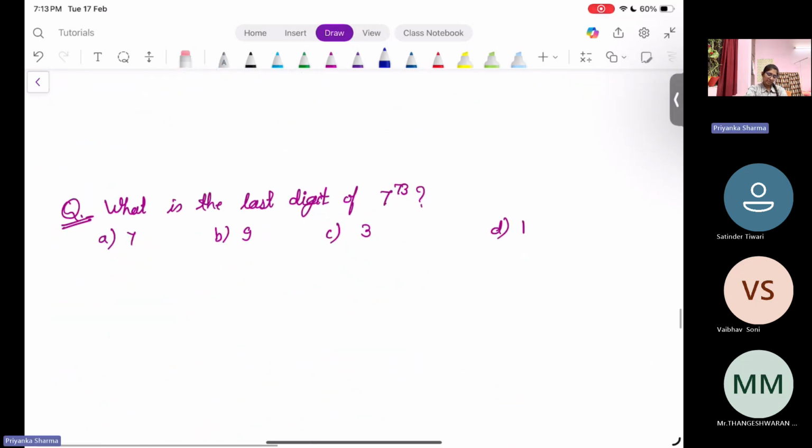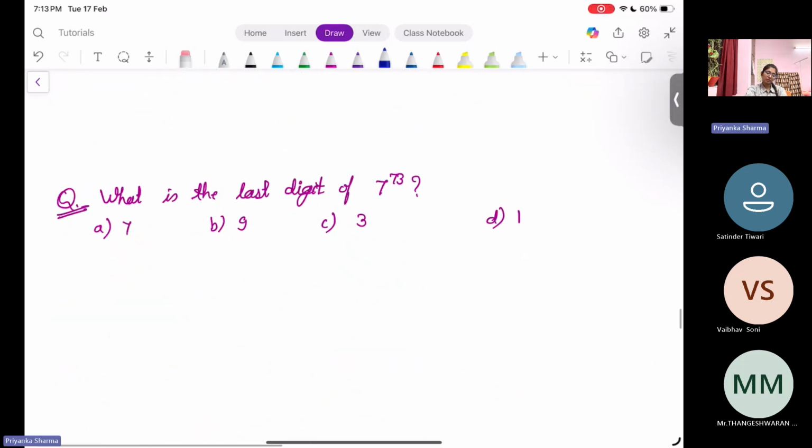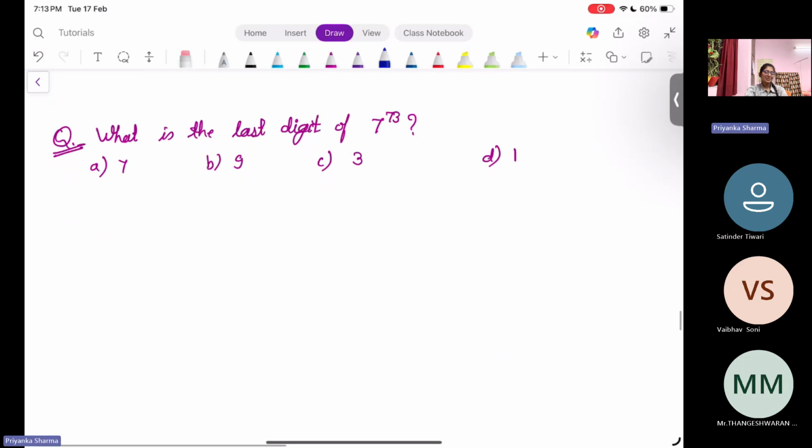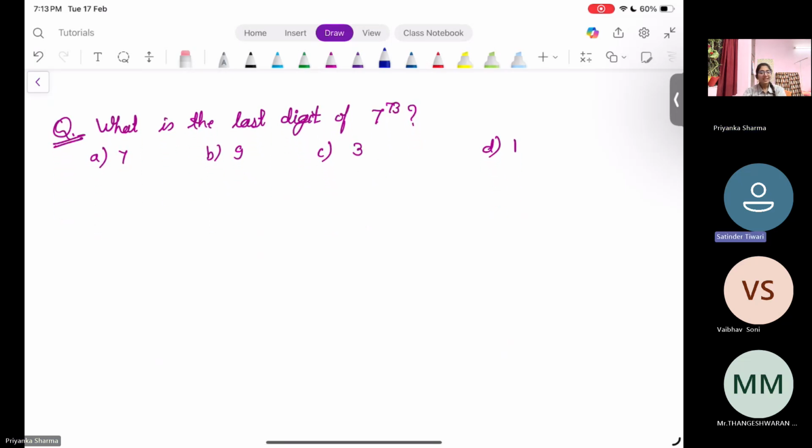Now, what is the last digit of 7 to the power 73? So, this sort of mod 10 questions we have to do. Last digit means mod 10, last two digits means mod 100.